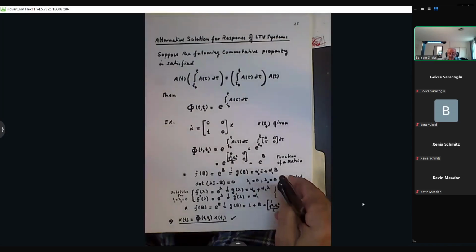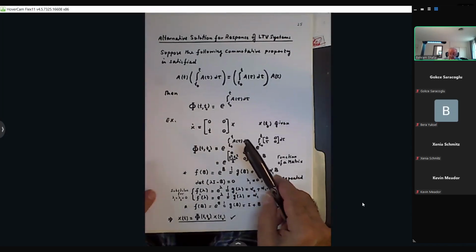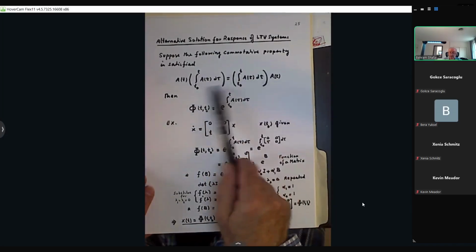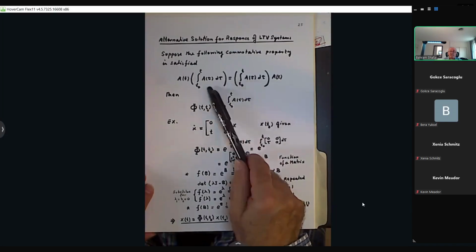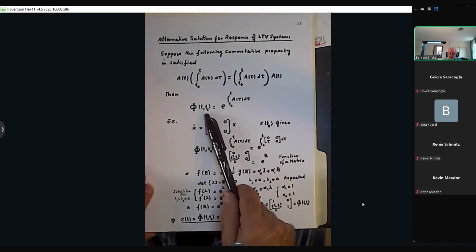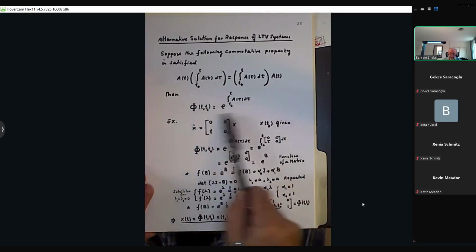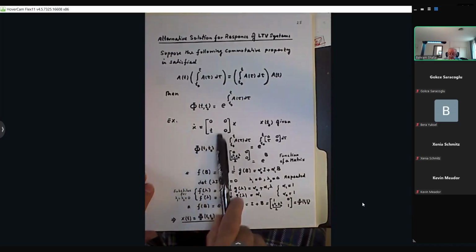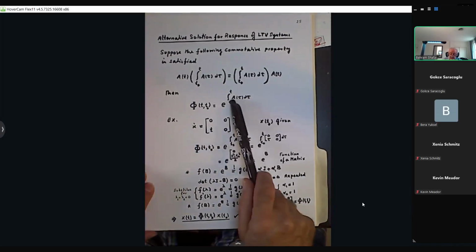An alternative solution I also introduced is where you consider the commutative properties. Once the commutative property is valid, you can find the state transition matrix in one shot like that. So the example that I showed you before can also be obtained using this expression.